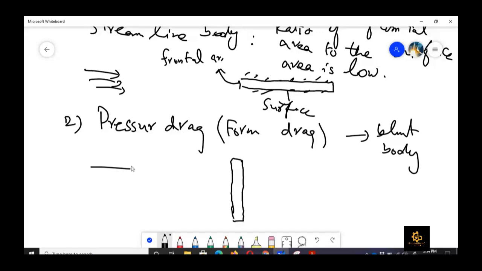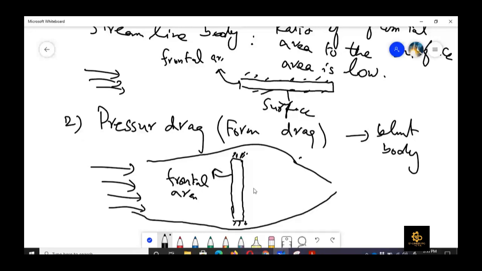If the flow is coming from here, this is a blunt body, because the frontal area is perpendicular to the flow, and parallel to the flow is the surface area. In this case, the ratio of frontal area to surface area is more. So that is a blunt body, and due to that, flow separation occurs at the back end. This is the region where we have flow separation.